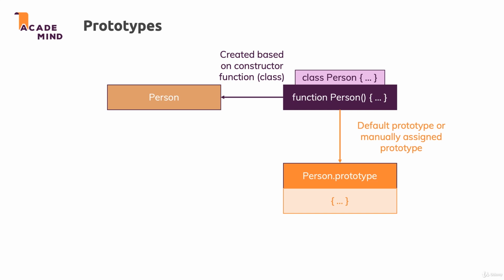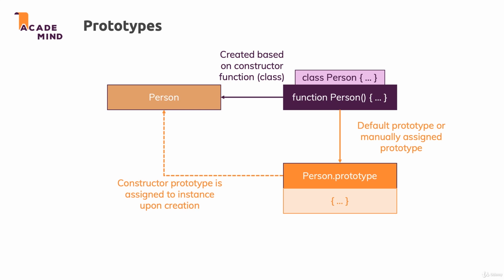Keep in mind that functions are objects. And that prototype is there by default. You can also edit it, something we will do. And it is then automatically assigned as a prototype to the object which is created when you instantiate that constructor function. Now, a prototype is an object itself.